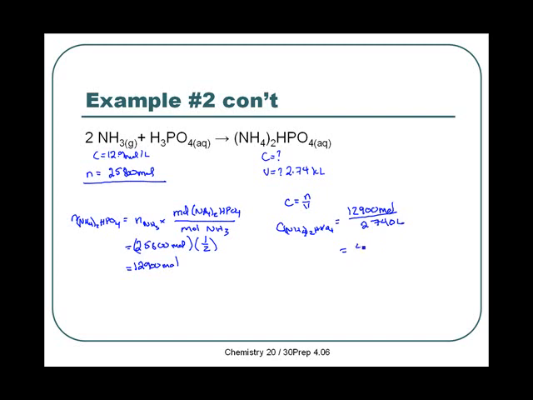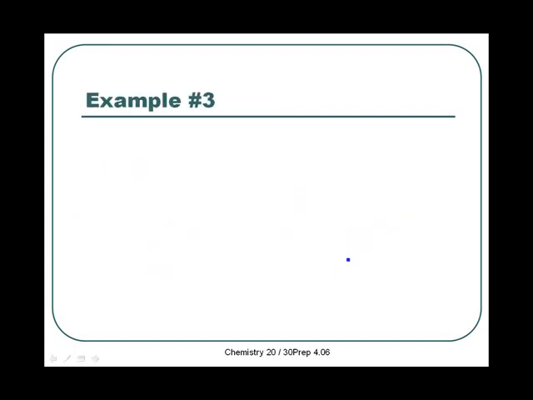And so our final concentration is going to be 4.7 moles per liter. And there we have it. So sometimes we've got to do a little bit of thinking and use a bit of common sense when we come to our answers.